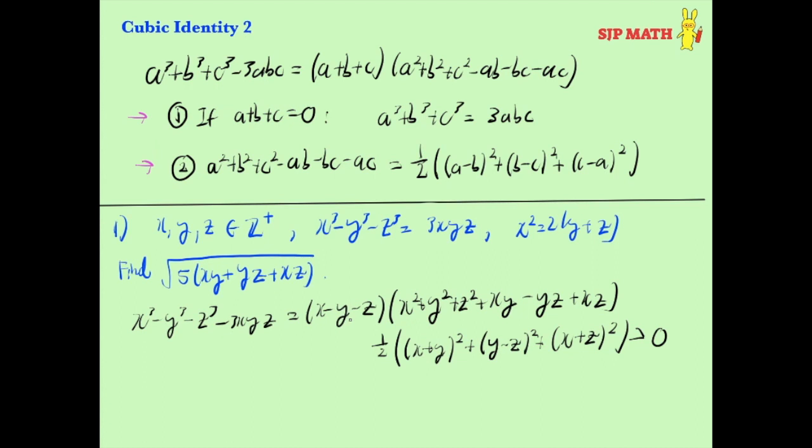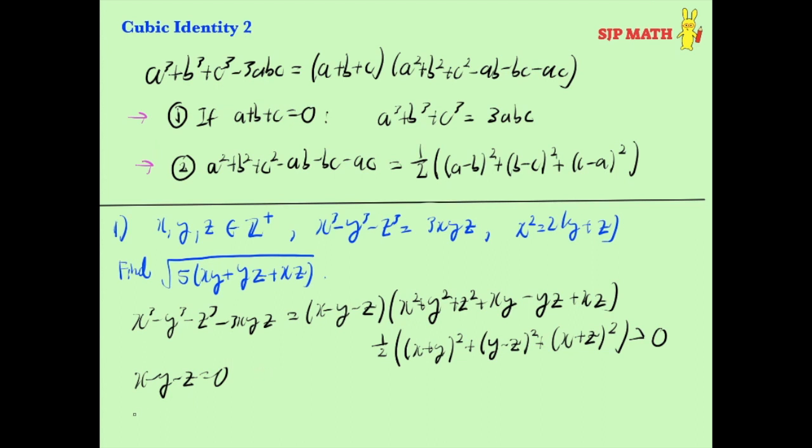But later on, for the following problems, we have to consider the case when this is actually equal to 0 or this is equal to 0. So in this case, I guess this wasn't equal to 0, so this is equal to 0. But you have to be mindful of that later on. So from this, we deduce that x minus y minus z is equal to 0.